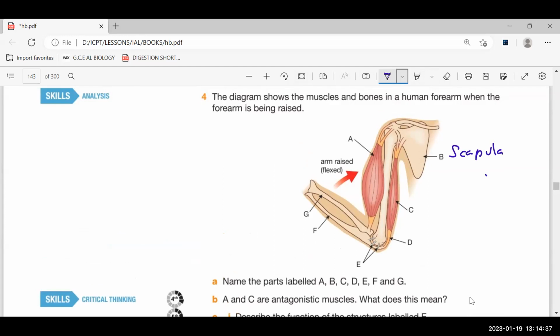Then these other bones, G and F: G is the radius and F is the ulna. And you can see a tiny connection between these two bones. So bone to bone are ligaments. And this is a tricep and this is a bicep.